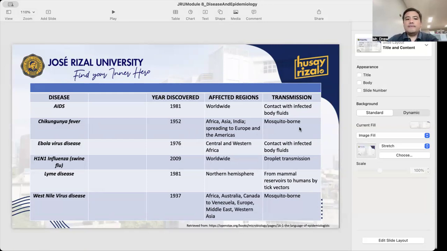This is mosquito-borne. Ebola virus disease, 1976, Central and Western Africa, contact with infected body fluids. Swine flu, 2009, worldwide, droplet transmission. Lyme disease, 1981, Northern Hemisphere, from mammal reservoirs to humans by tick vectors. West Nile virus disease, 1937, Africa, Australia, Canada to Venezuela, Europe, Middle East, and Western Asia. This is also mosquito-borne.